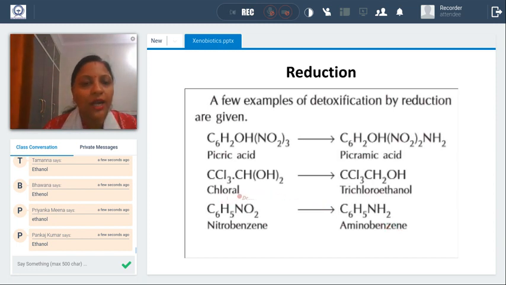This chloral hydrate converts into trichloroethanol, CCl3CH2OH. This picric acid, you all know, has 3 NO2s, and then it converts into picramic acid, C6H2OH(NO2)NH2.